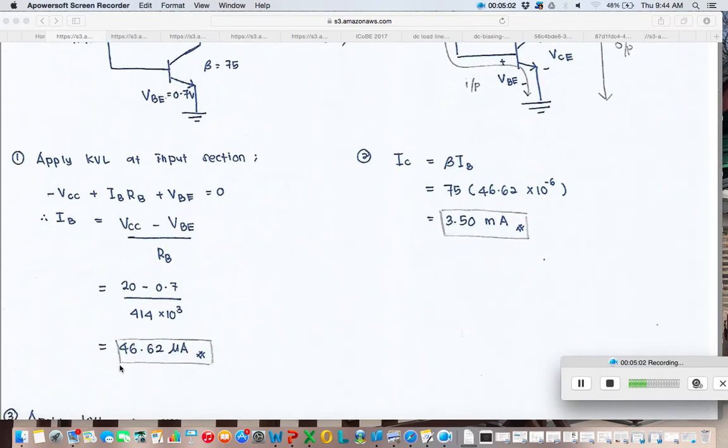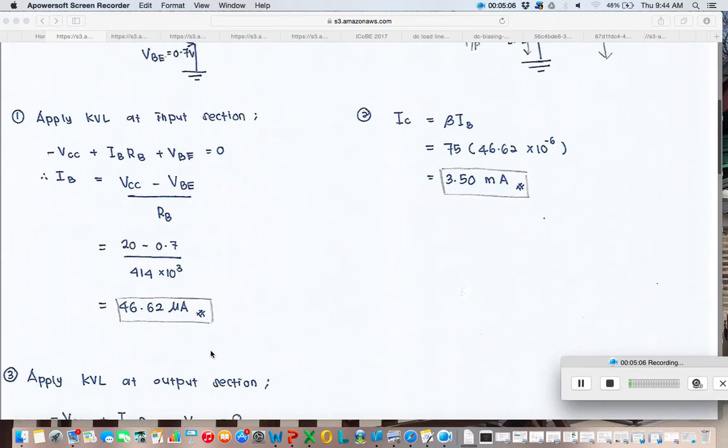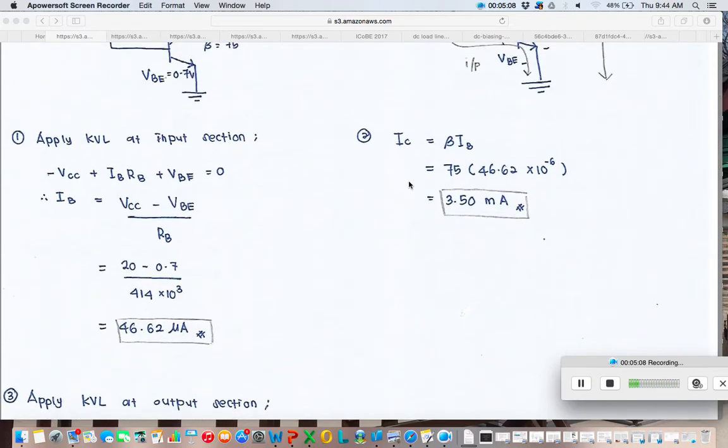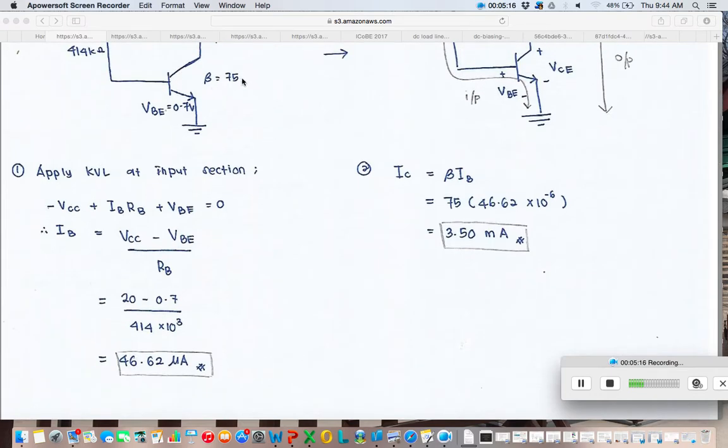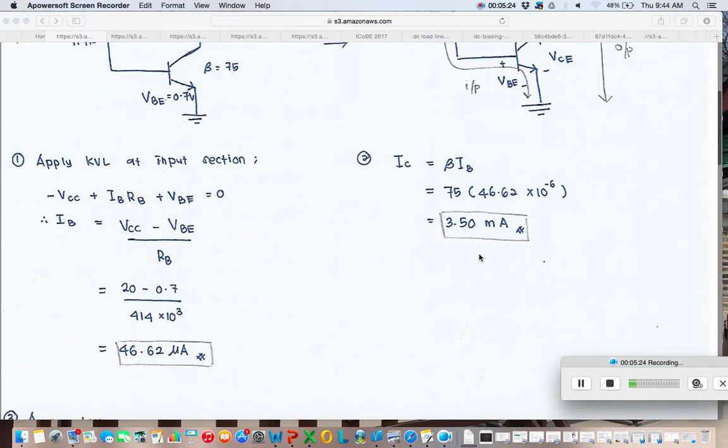IB you should get 46.62 microampere. And then from here, you can calculate IC using this relationship: IC equals beta IB. So beta is given here, which is 75, times IB 46.62 microampere, you will get 3.5 milliampere.